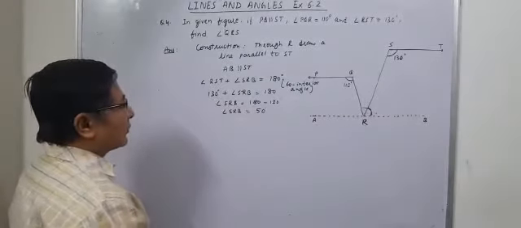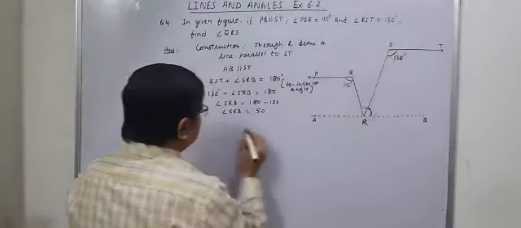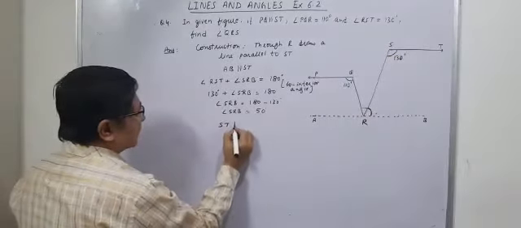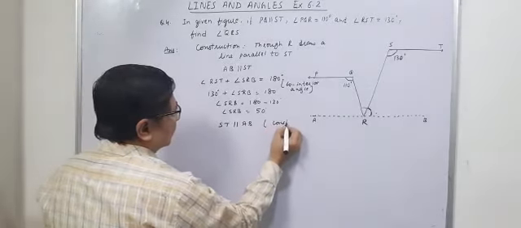Now in the construction, we have drawn that ST is parallel to AB. Just look here. ST is parallel to AB, that we have done through construction.